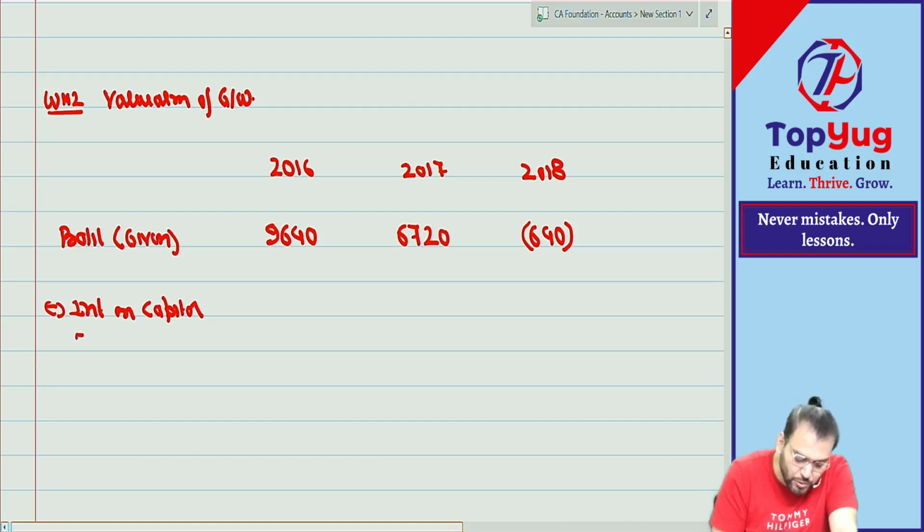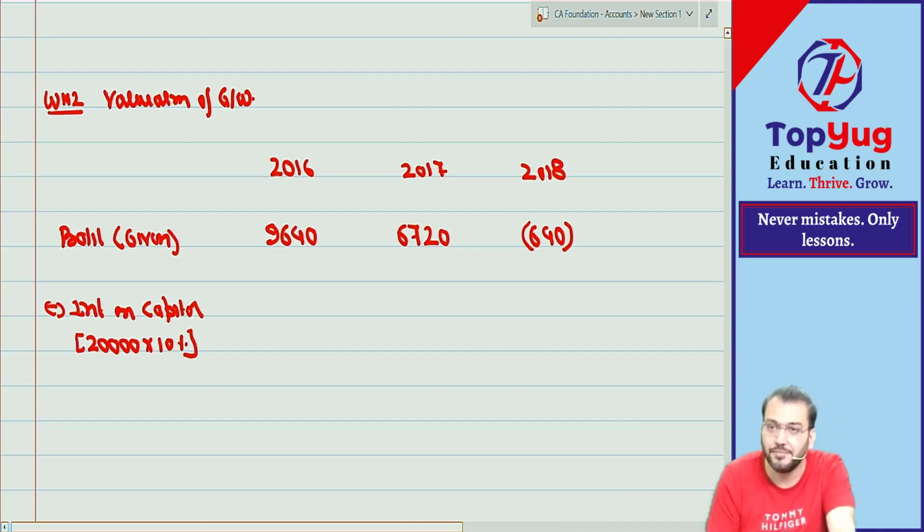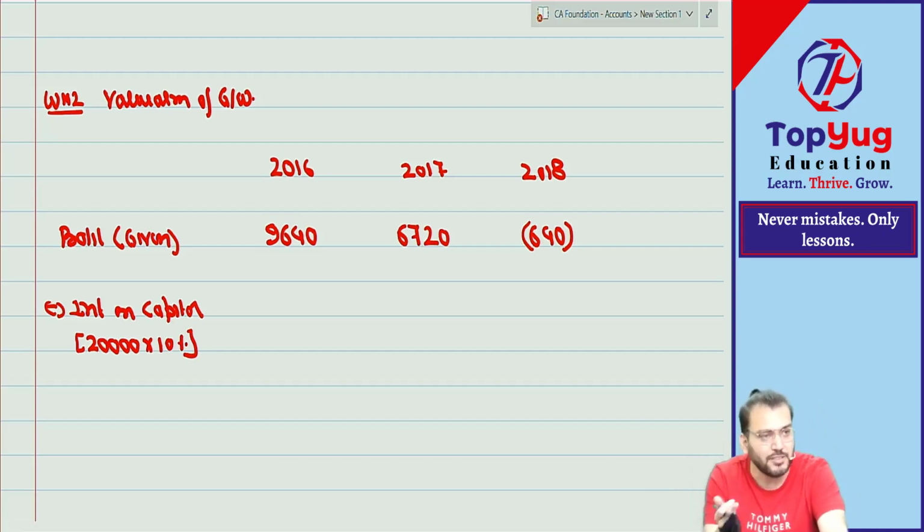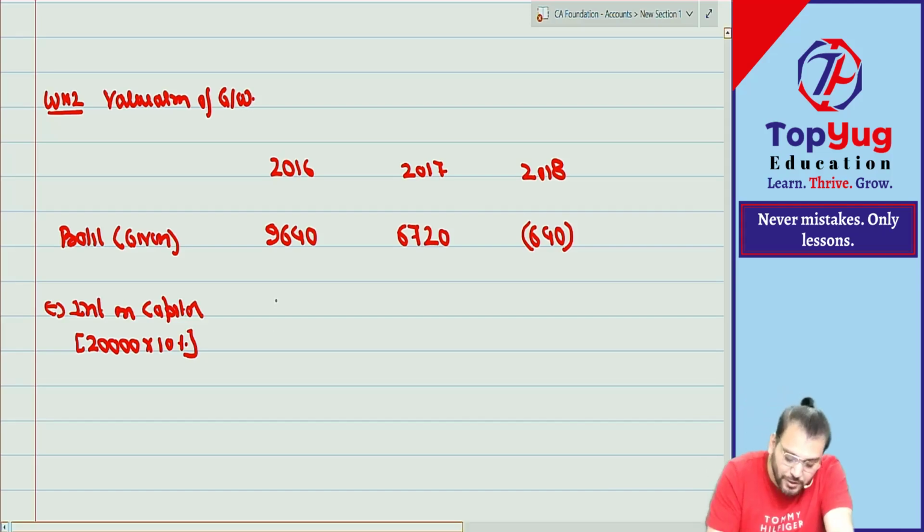So can you see what is the total capital? Total fixed capital is 20,000: 10,000 plus 6,000 plus 4,000. So 20,000 at 10% entirely, it is 2,000 every year. So 2,000 every year will be deducted.